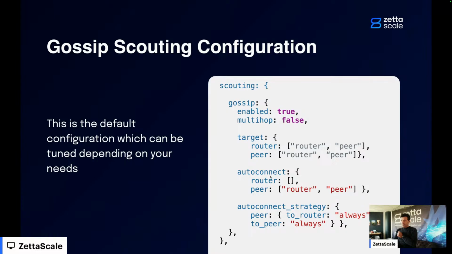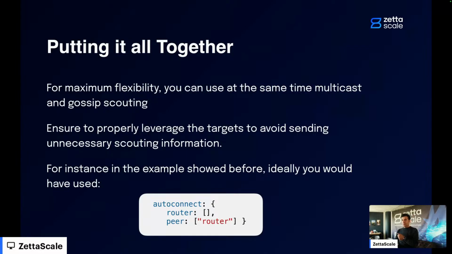Notice that the router, again, will not auto-connect to other routers, but peers will auto-connect with other routers as well as peers. And also notice that a peer will always connect to a router and always connect to another peer when discovered, which is quite important. So that's the default configuration.